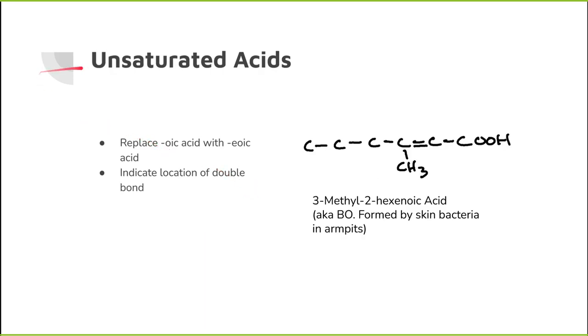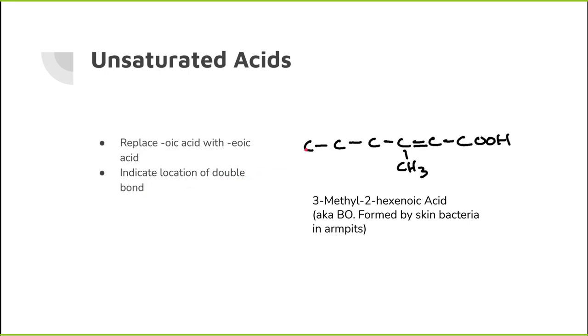All right, you can have unsaturated acids. So this is where you have a double bond in there, but there is a carboxylic acid group. And so this gets changed from oic acid to enoic acid. And then you indicate the location of the double bond.